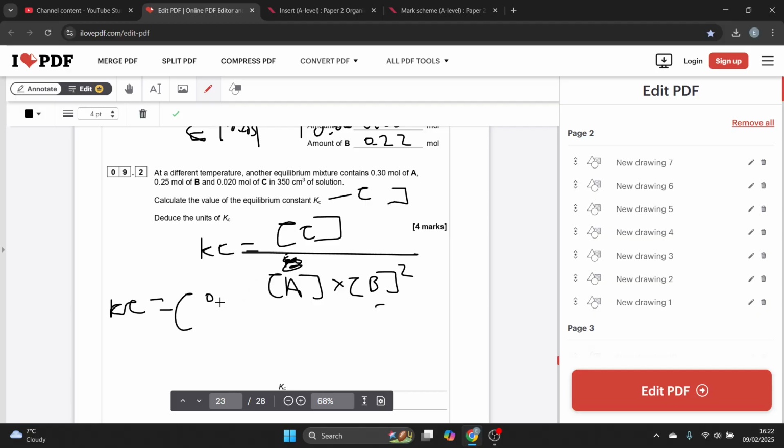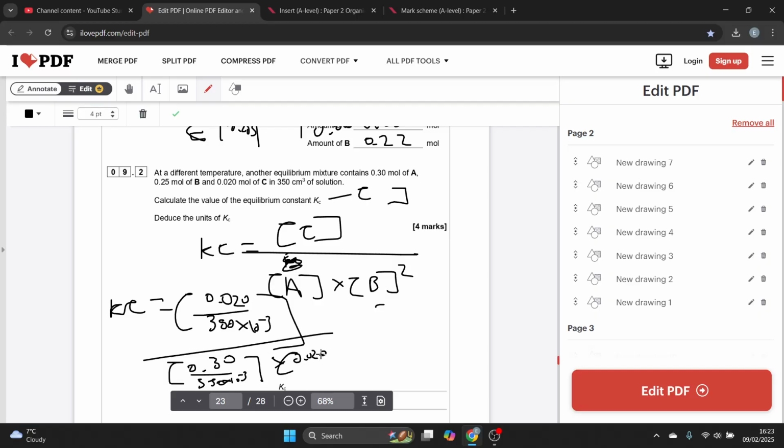So 0.020 divided by 350 times by 10 to the power minus 3, divided by the concentration of A, 0.30 divided by 350 times by 10 to the power minus 3, times by 0.020 divided by 350 times by 10 to the power minus 3 squared, since there's 2 moles of it.